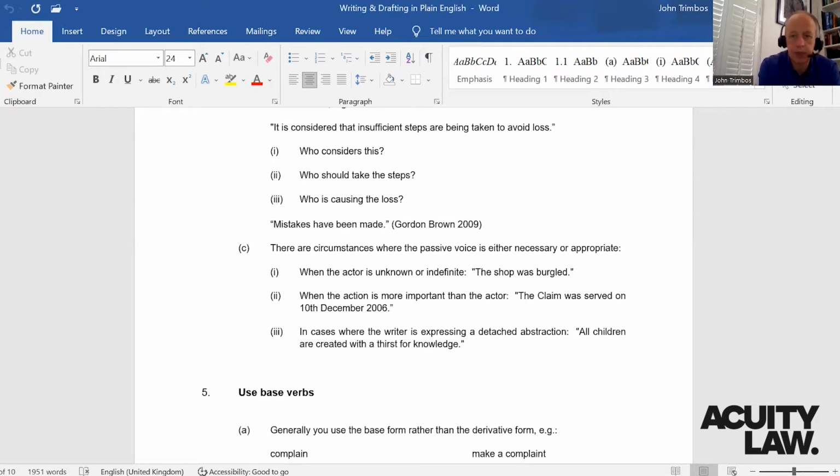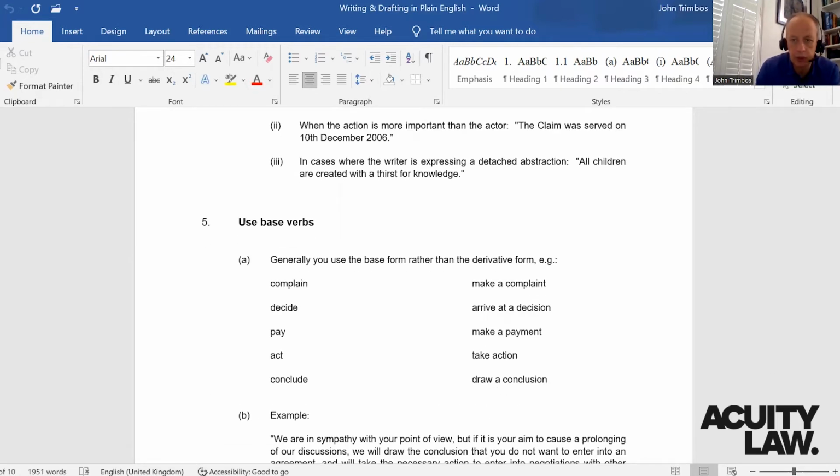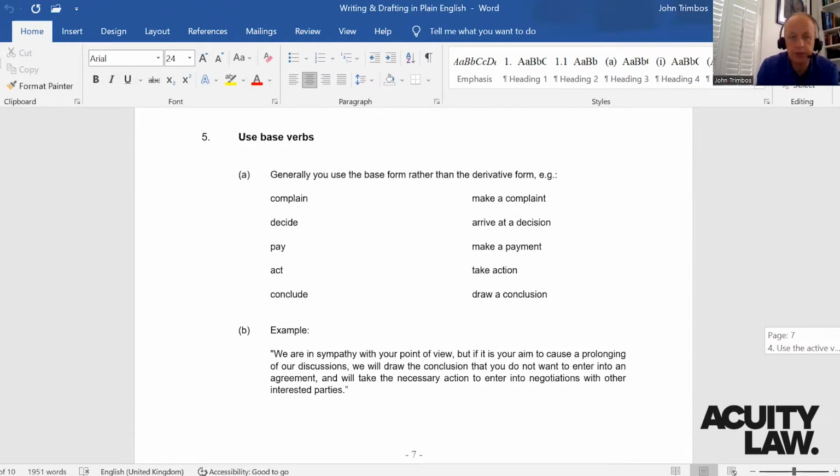And then what's often called the detached abstraction, where you talk in general abstract terms about whole species or populations or classes of people: all children are created with a thirst for knowledge. Those are all passive sentences, but they kind of work. So be pragmatic. But the general guideline is at least 9 times out of 10 use the active voice because it's shorter and clearer. When we move into legal drafting modes, I will be stricter and say stay in the active voice all the time, but that's really for legal documents. What we're still talking about now is general business correspondence and so on.